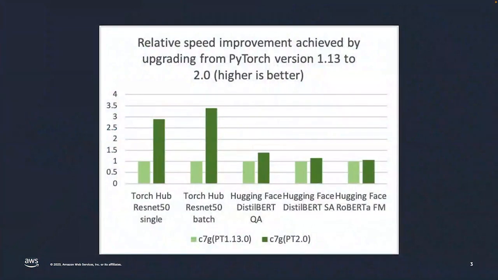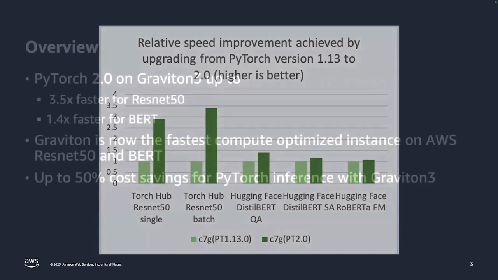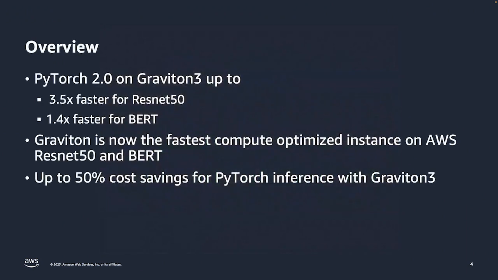So there's a really big jump in increase of speed for ResNet 50. There's a little bit more of an increase for BERT models. And so here's a quick overview of the jump that you can expect if you're moving from 1.13 to 2.0. So PyTorch 2.0 on Graviton 3, as we just saw, is 3.5 times faster for ResNet 50 and 1.4 times faster for BERT.